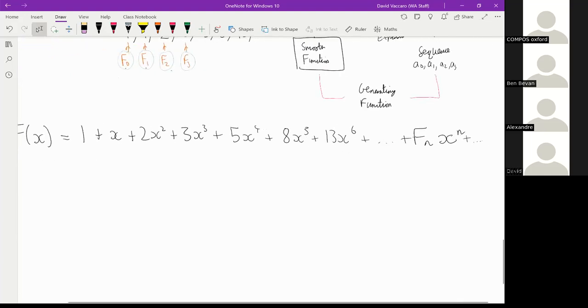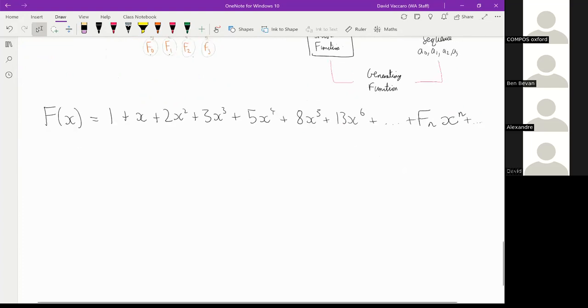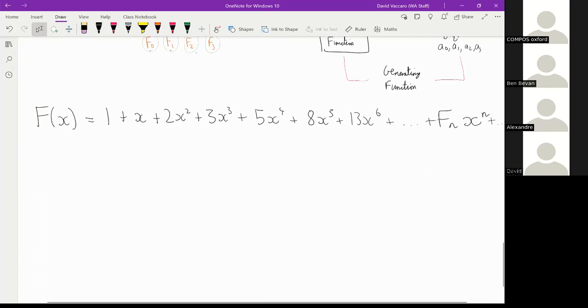Okay, so what I'm going to try and do, and if you're watching this on catch up, I'd recommend pausing at this point, is how can I find the function f?